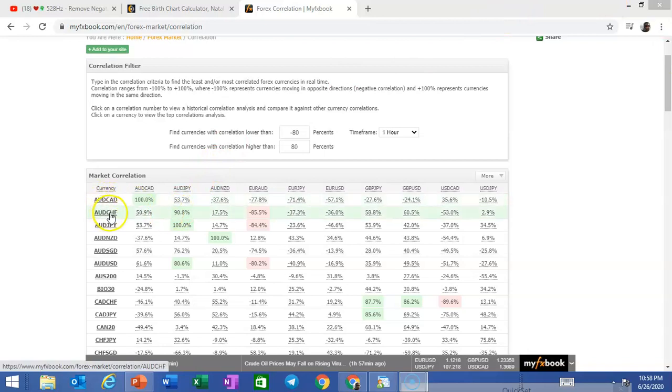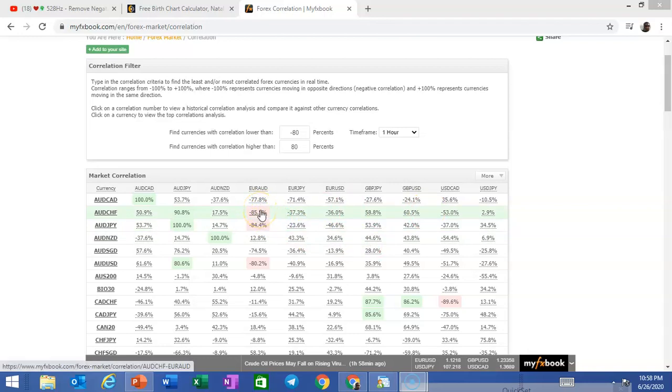So, for example, AUD-CHF and AUD-JPY are a strong positive correlating pair. And alternatively, pairs with a strong negative correlation have a percentage closest to negative 100.